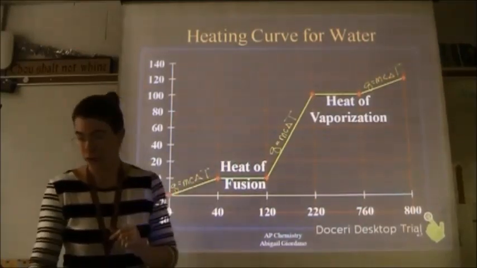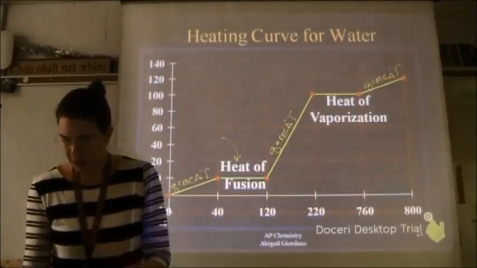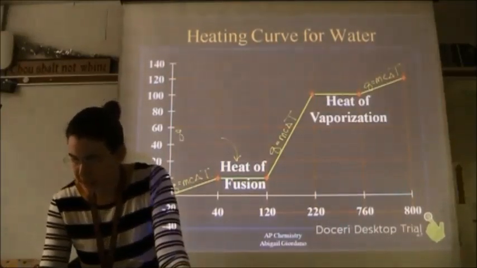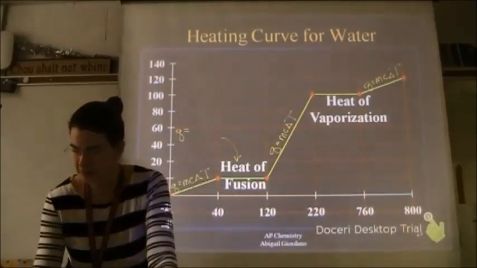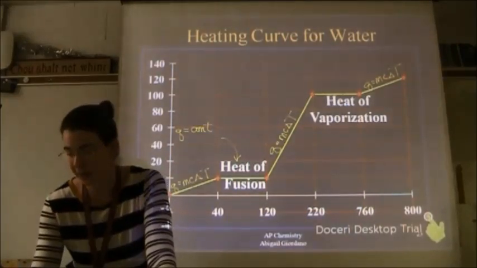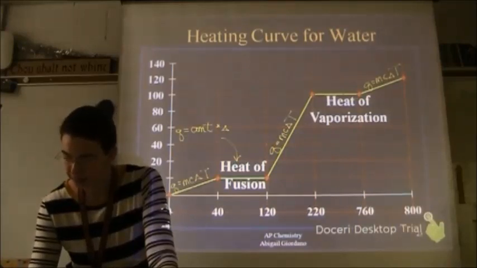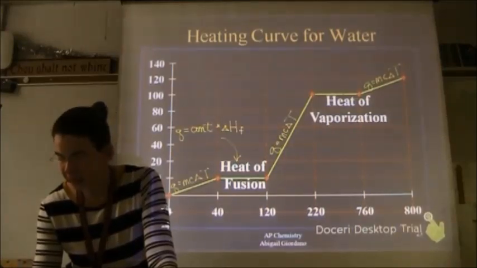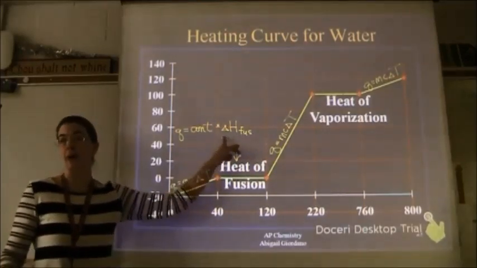So what do you do? Something else. Here's how I'm going to write it. The heat where melting is occurring is equal to amount of my substance, and I'll tell you in a second why I write amount, times the heat of fusion, which would be given to you in the problem.